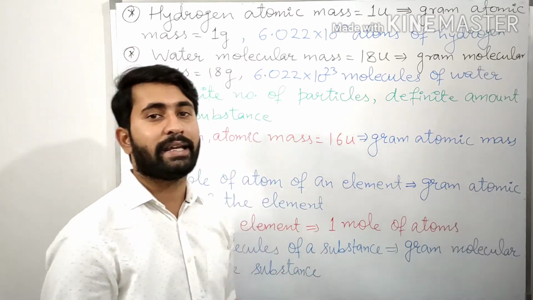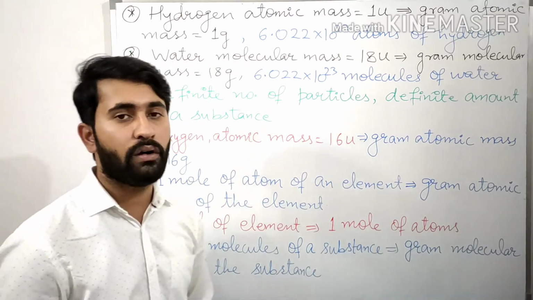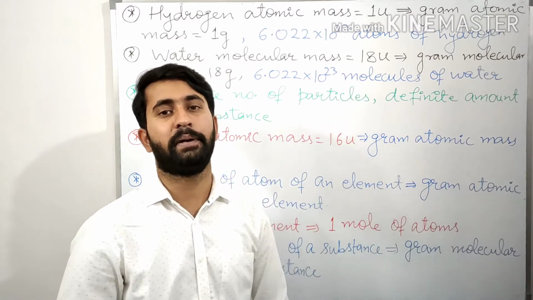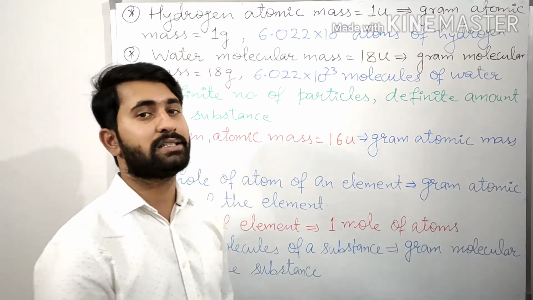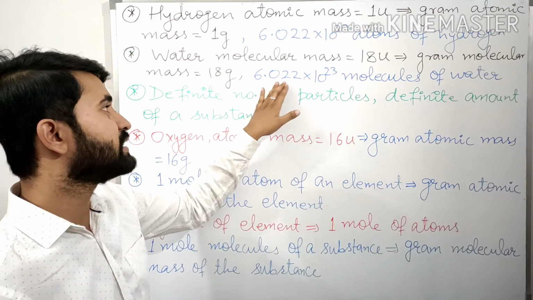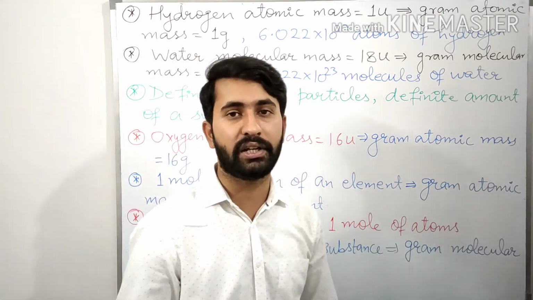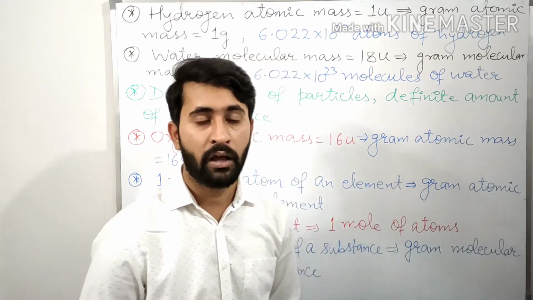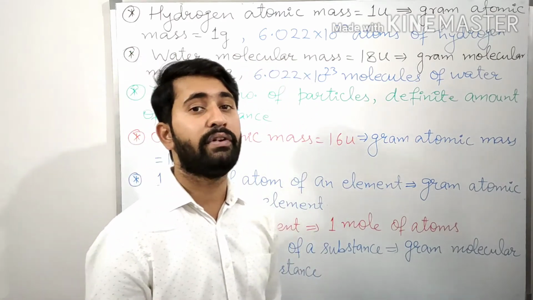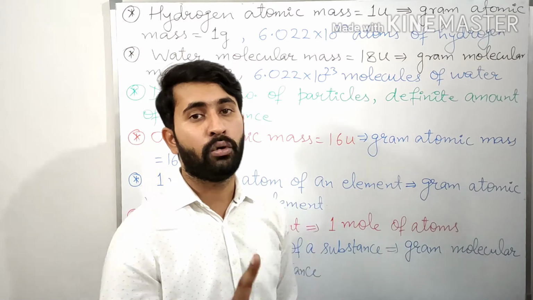So if we will take 18 gram of water in an experiment, then it means that we have taken 6.022 × 10^23 molecules of water, or we can say that we have taken 1 mole of water molecules.